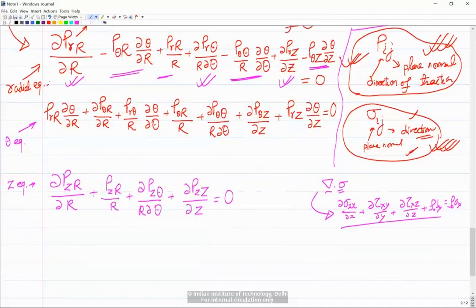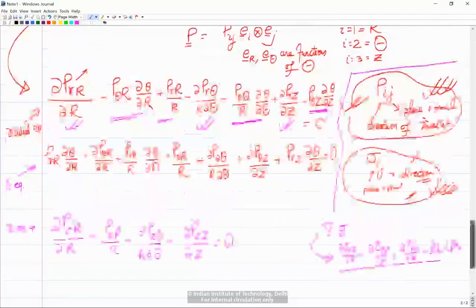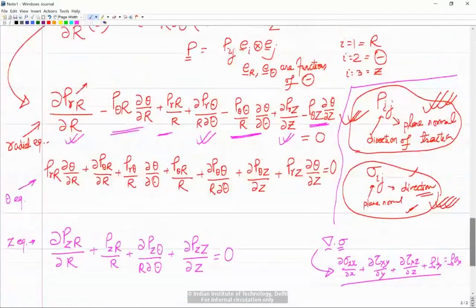Okay, this is basically the full derived equation, the expanded equation. This whole thing is that divergence of P equal to 0. Such a big one, isn't it?